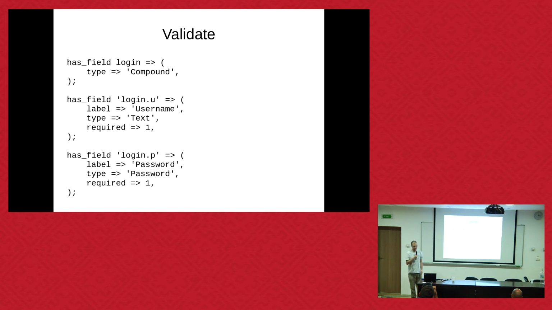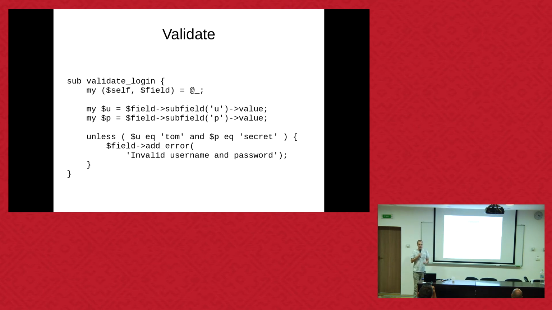So we say we've got a login field which is compound, and then we use that login.u and login.p to specify subfields of the compound login field. So it's basically a hierarchical thing. And we can then write, just as we saw the validate method on the form, validate underscore login.